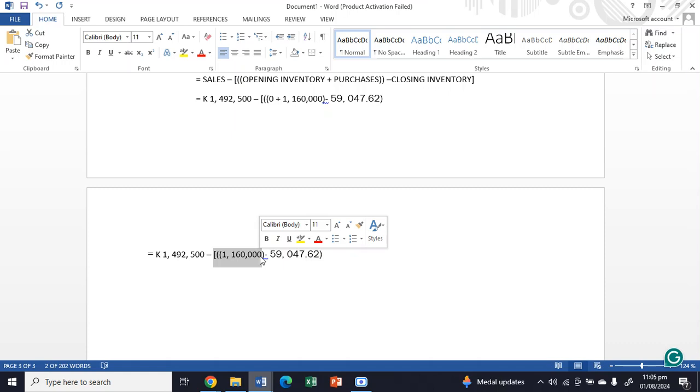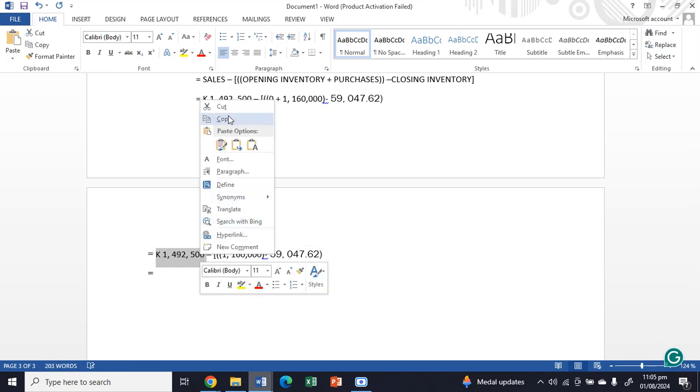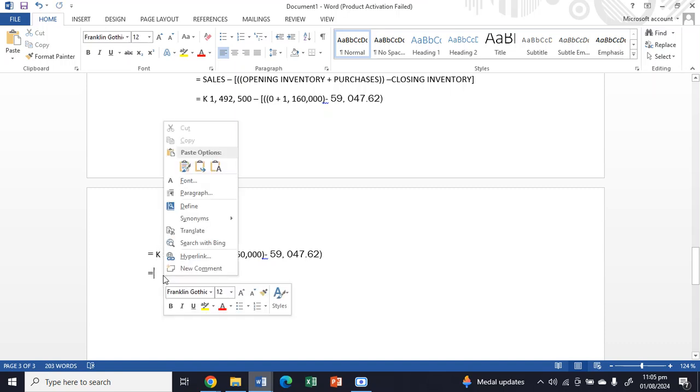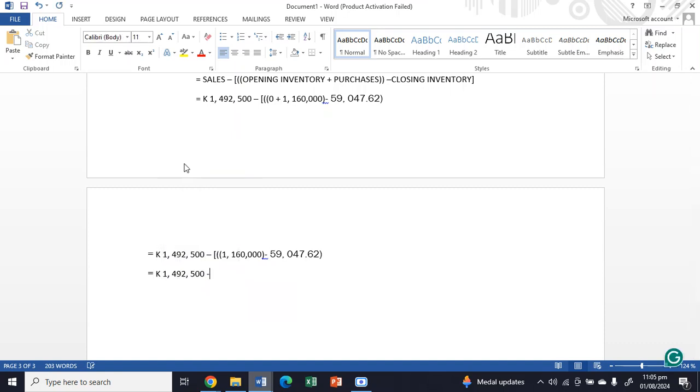That's how you get the cost of the goods sold. So 1,160,000 minus 59,047.62. You're going to get 1,100,952.38.